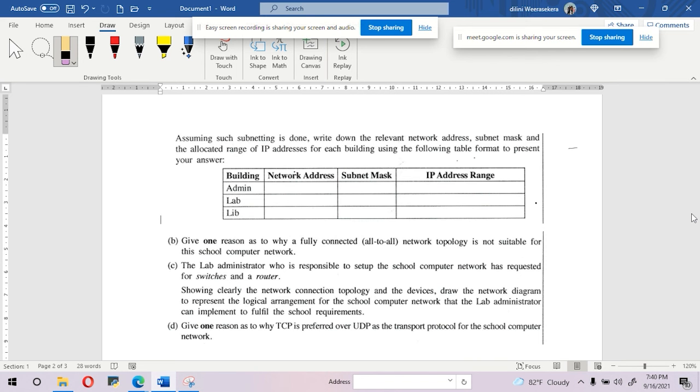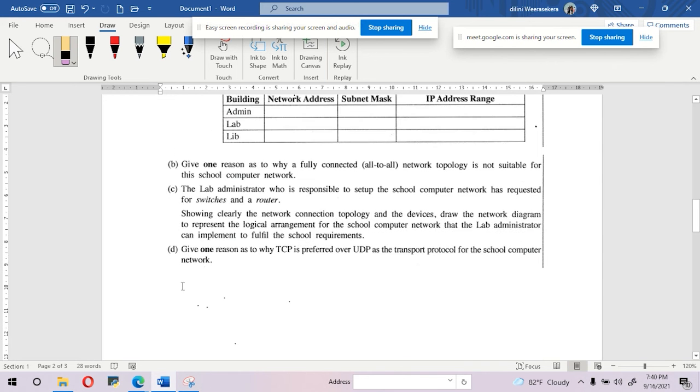Okay, so it is asking, give one reason. Asking only one reason why a fully connected network is not required for this. One is the cost. All to all means you need large wiring. It is very costly.